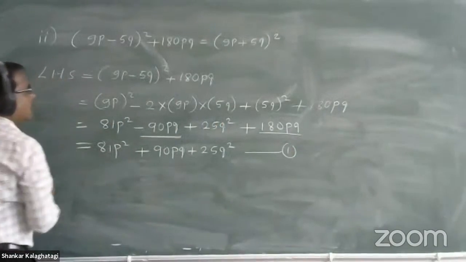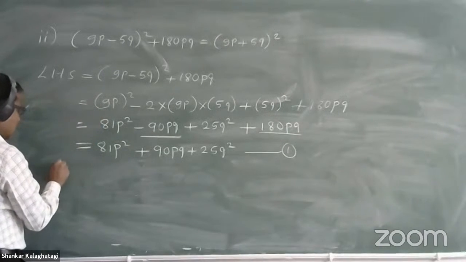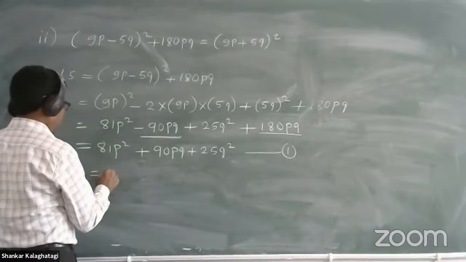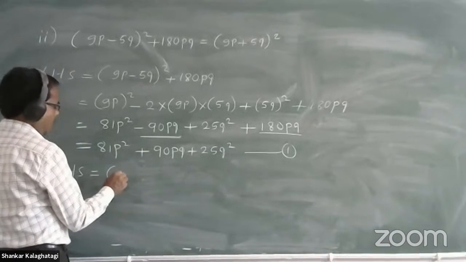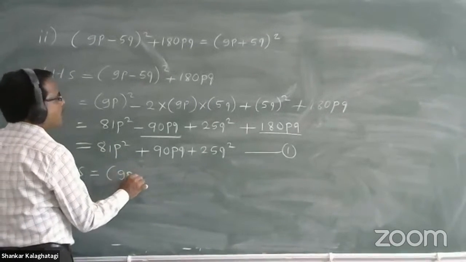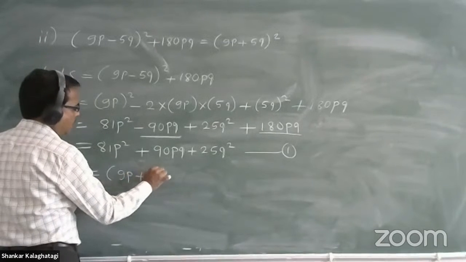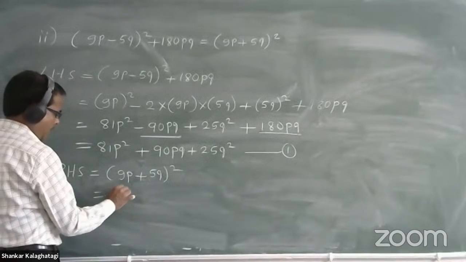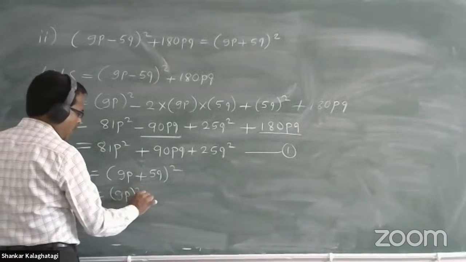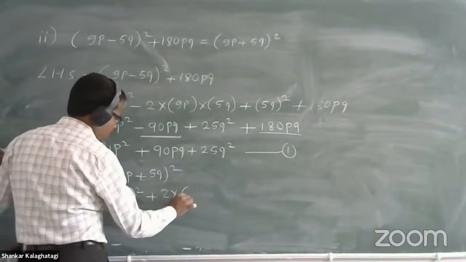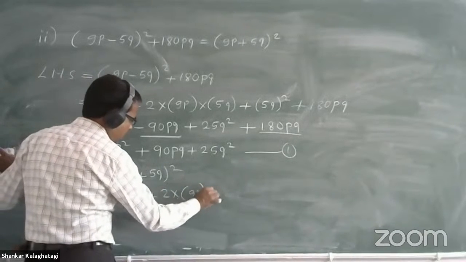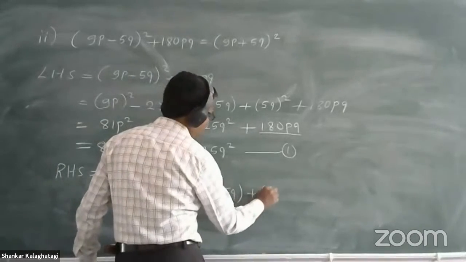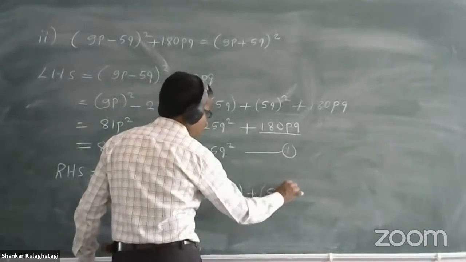Now you take the RHS. That expression also you can write. RHS is (9p + 5q)². This is (9p)² plus 2 times first term 9p, second term 5q, plus second term squared, (5q)².